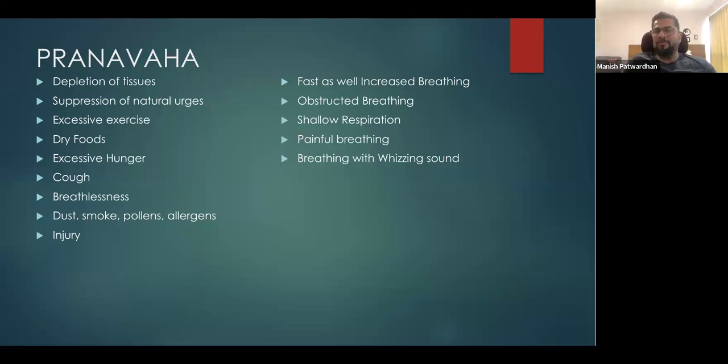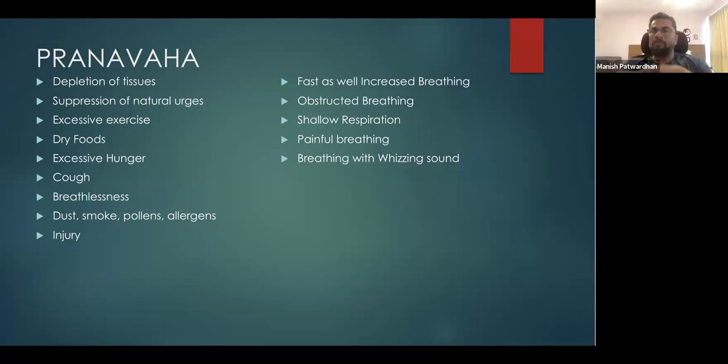The causative factors, which are called hetu, the cause in Ayurveda, have to be stopped. Otherwise, you are pacifying on one hand and increasing on the other hand. So if you keep on consuming or getting exposed to the causative factors, then your pacification treatment or your snehana, your fermentation will not work, because on one hand you are pacifying, on the other hand you are increasing.